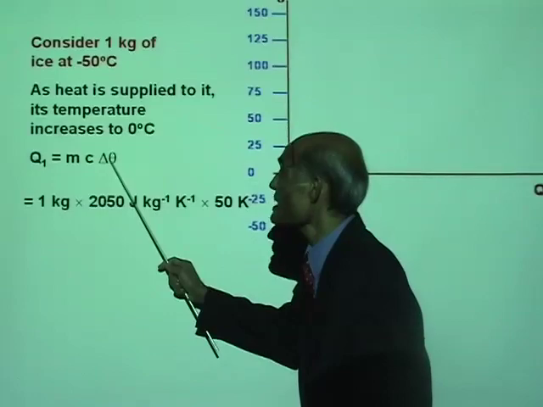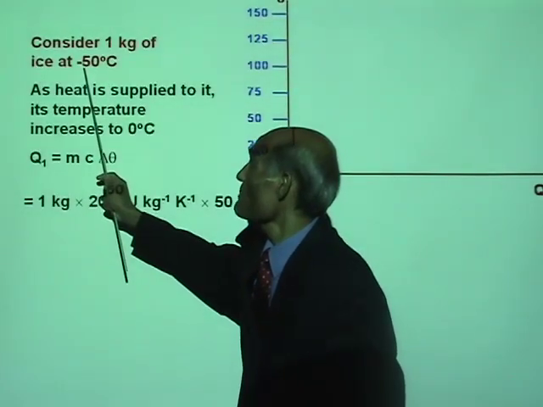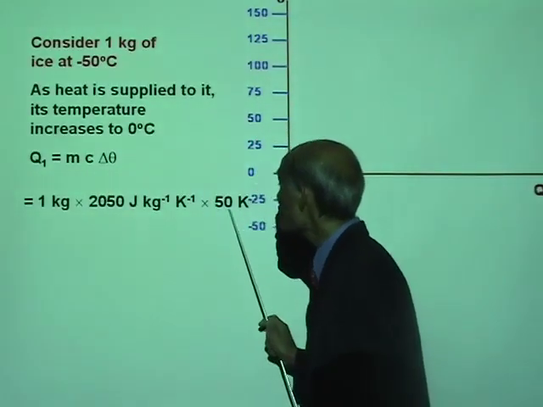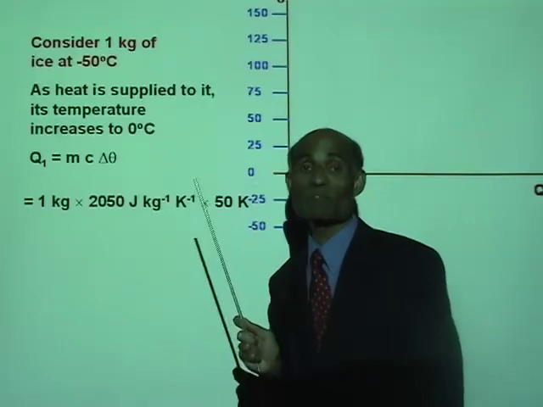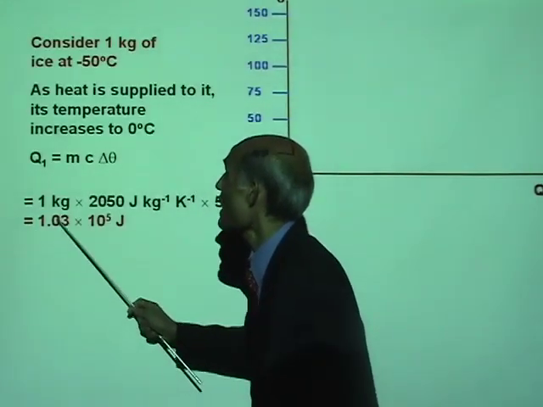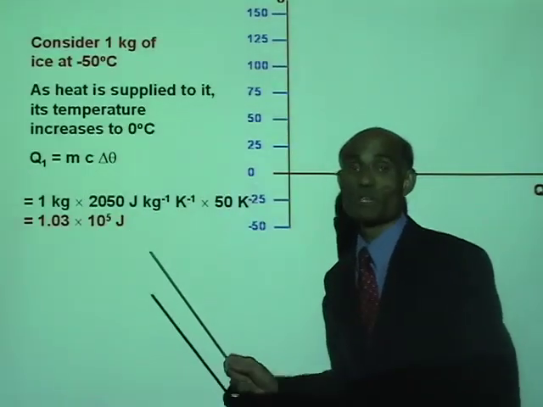And the change in temperature? The temperature changes from negative 50 degrees to 0 degrees. The change in temperature is 50 Kelvin. And when you multiply this, you get 1.03 times 10 to the 5 joules.